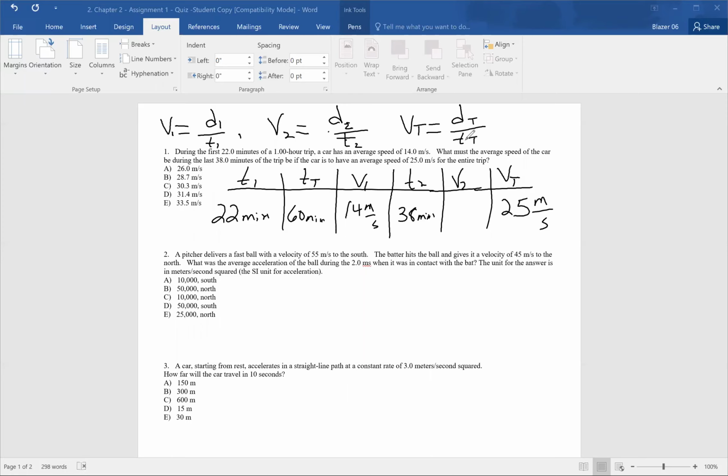Well, we have the total speed, we have the total time, so we can find the total distance. Now, from the total distance, we can subtract distance one, which we can find also because we know V1 and T1. And from that information, we can find the distance two, which is total distance minus D1.